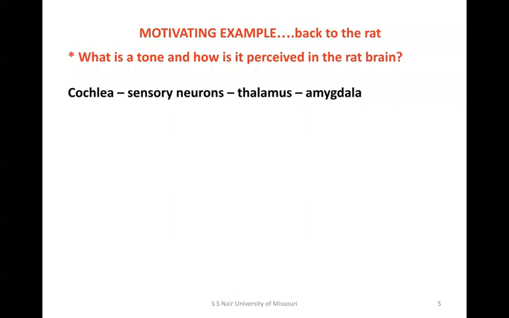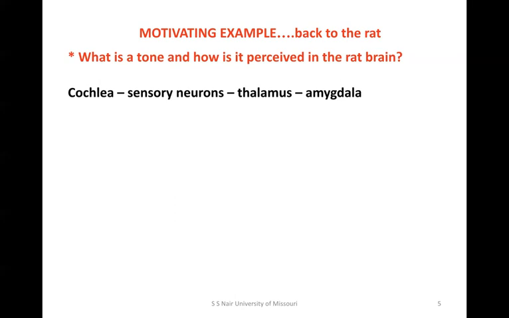The sensory neurons then relay an electrical signal via nerves to a region of the brain called the auditory thalamus, which is an important relay station for most sensory signals, that is, input that is received from the body. From the auditory thalamus, the signal is then relayed via firing of the thalamic neurons to the fear center, which we previously discussed, which is the amygdala.